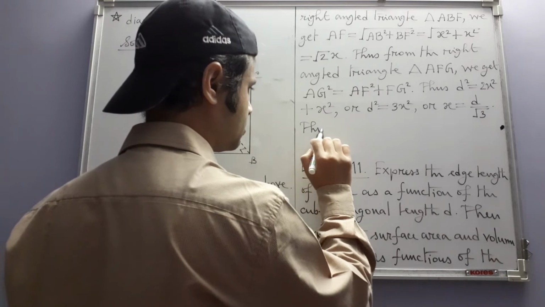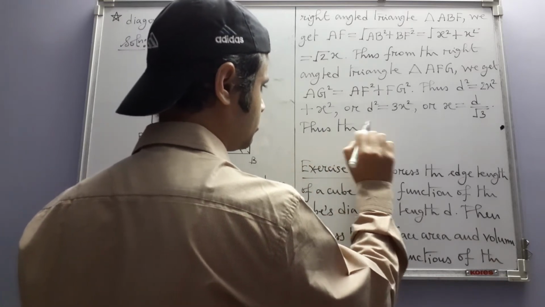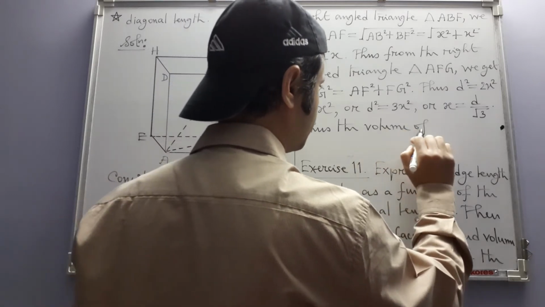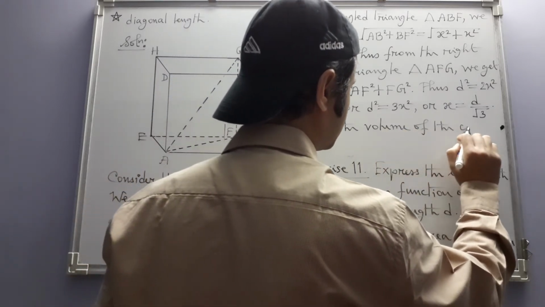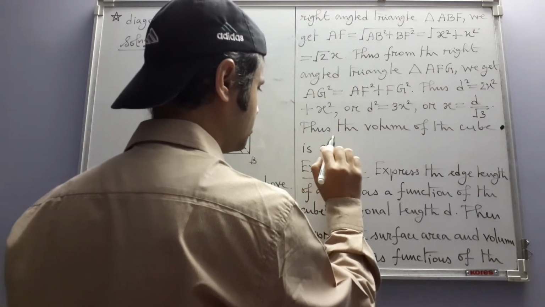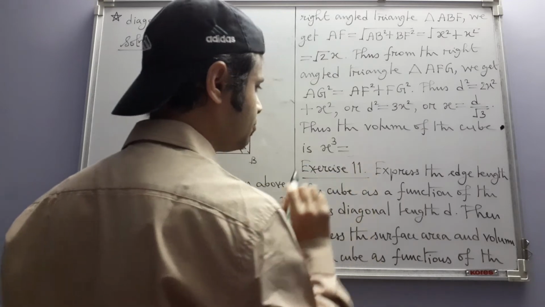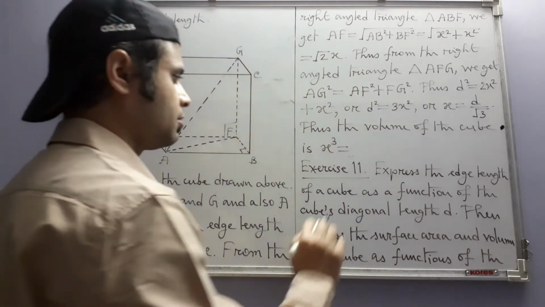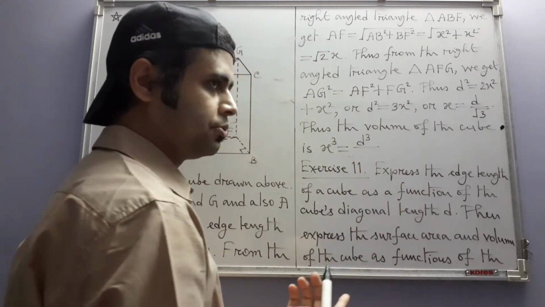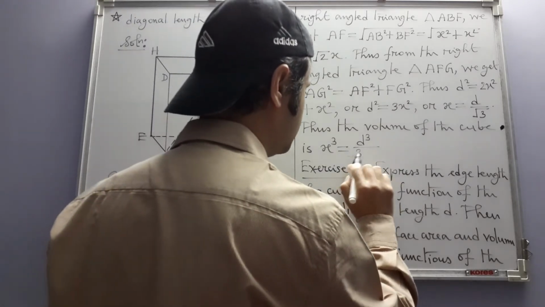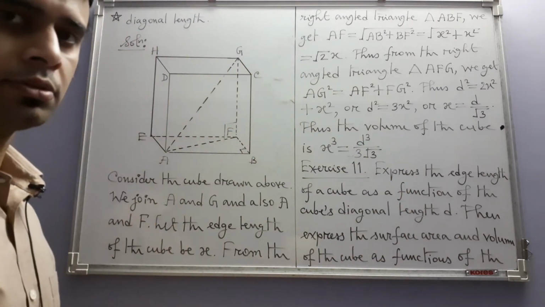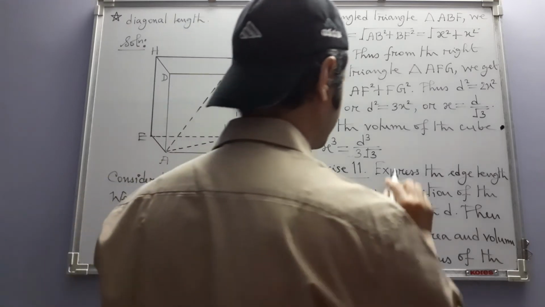Thus the volume of the cube is the cube of its edge length, and that is d cube divided by cube of square root of 3, which is 3 root 3. Root 3 square times root 3, so 3 root 3.